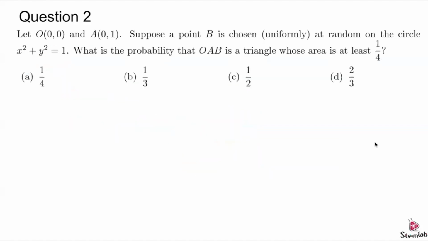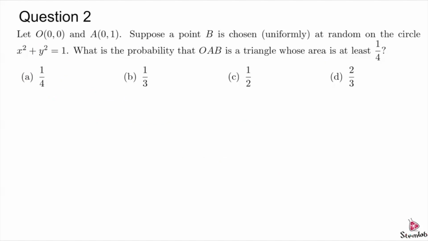So question 2. Question 2 asks, let O be (0,0) and A be (0,1). Suppose a point B is chosen uniformly at random on the circle x squared plus y squared equals 1. What is the probability that triangle OAB is a triangle whose area is at least 1/4?